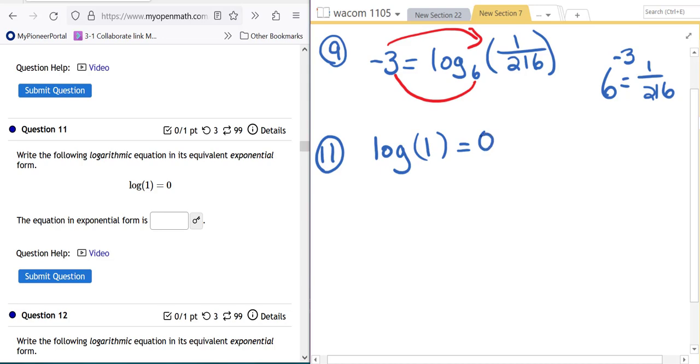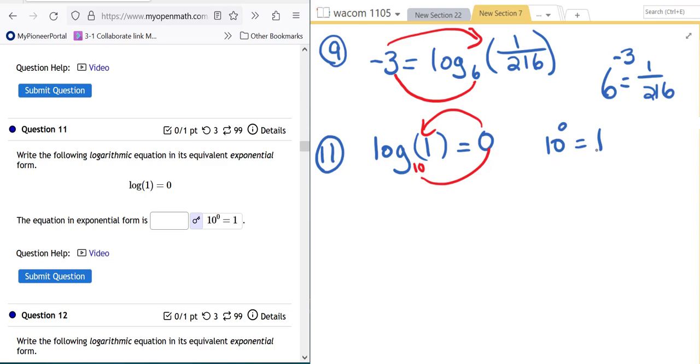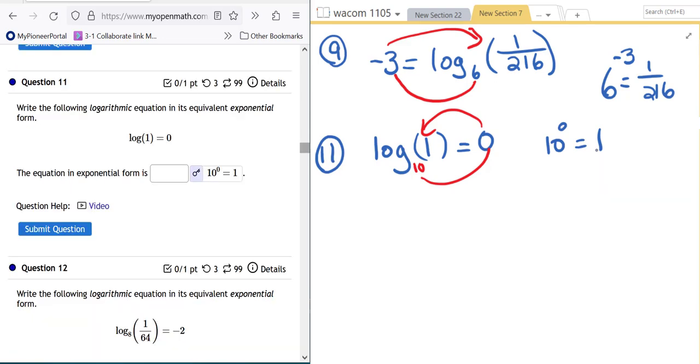That's something to memorize. Remember, your base on this is 10, the common log. So to switch form, it's 10 to the 0 equals 1. And you see you get a true statement with that.